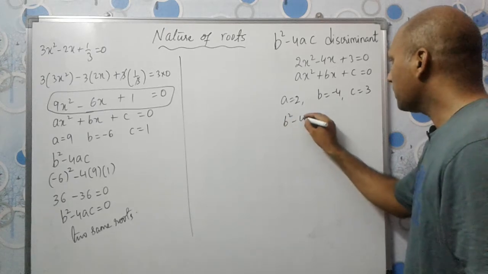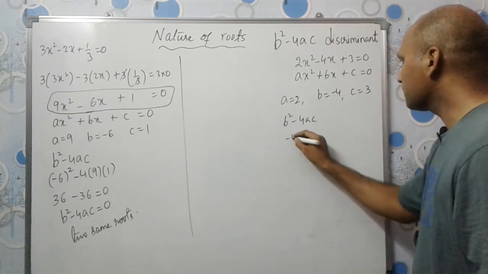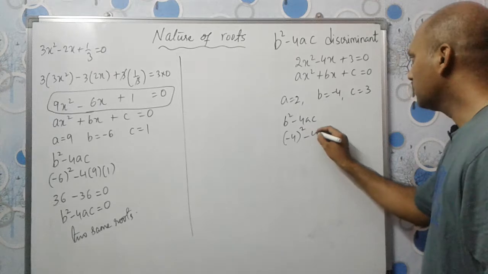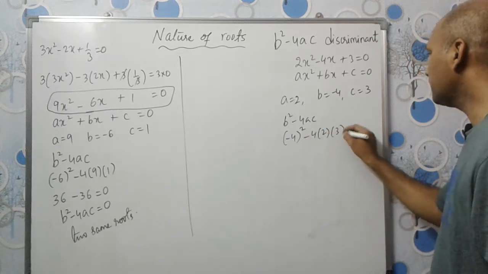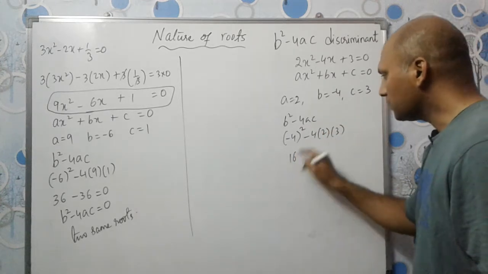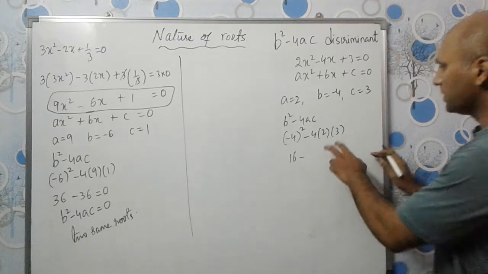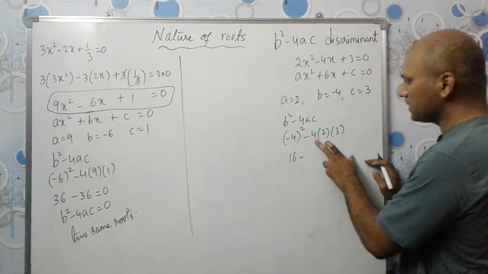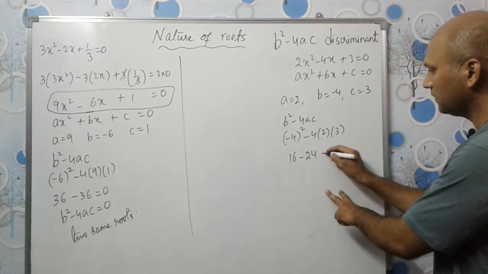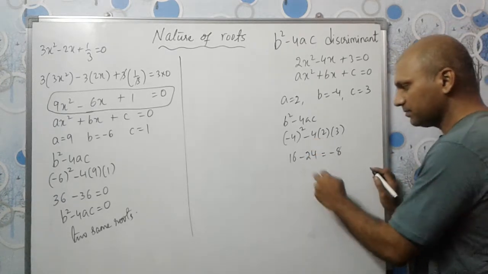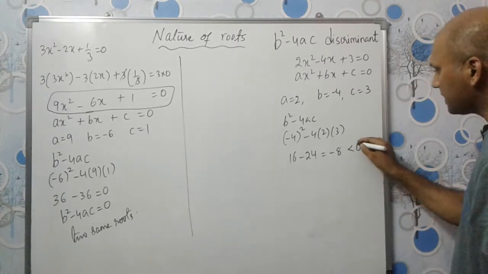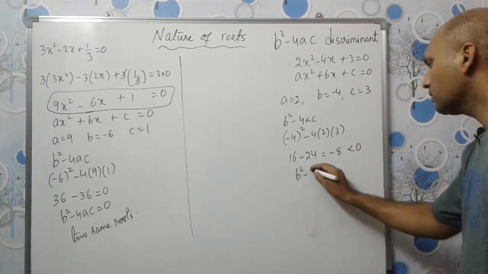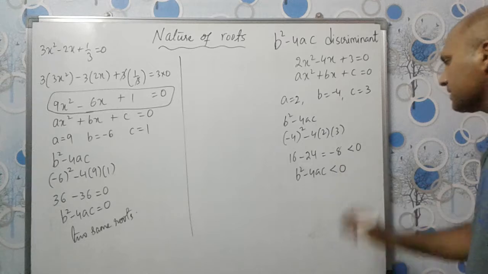So b square minus 4ac. So b square is minus 4 square, 4 into a into 3. So 4 square minus 4 square is 16. Okay, see here, 3 2s is 6, 6 4s is 24. We have minus 8, right?